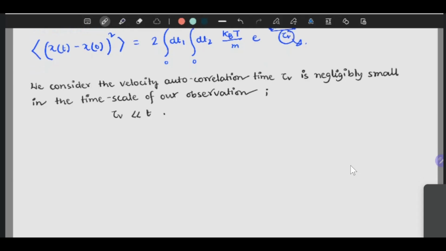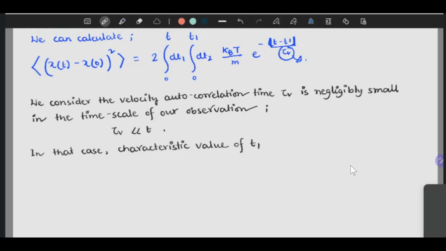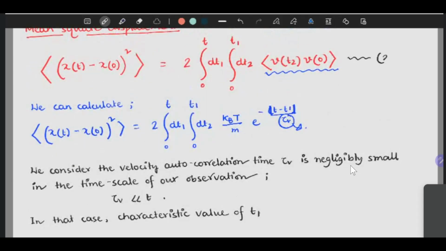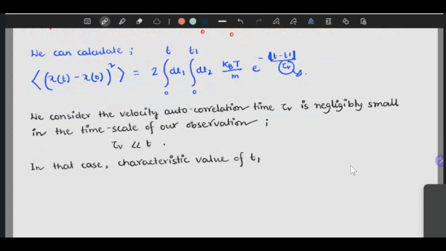In that case, the characteristic value of T1 in this equation, let's say this is equation 30, T1 in equation 30 is much larger than tau v.